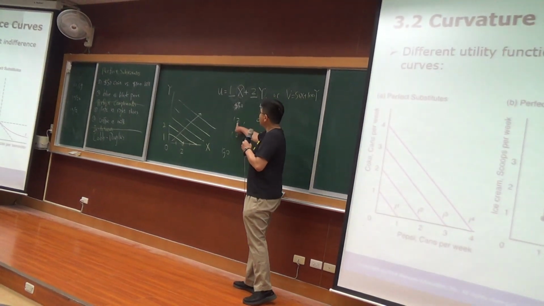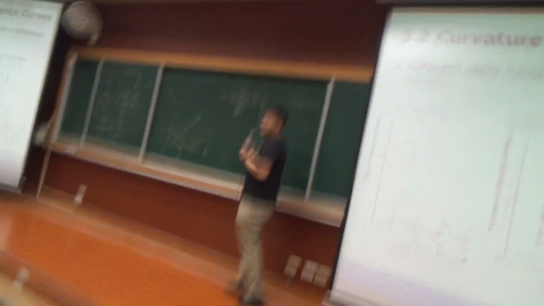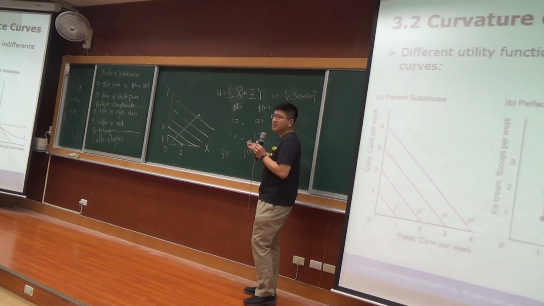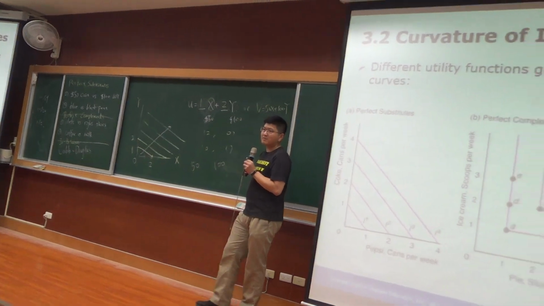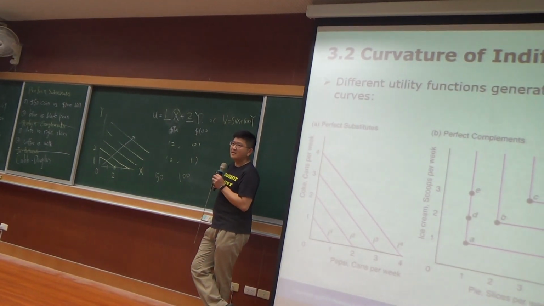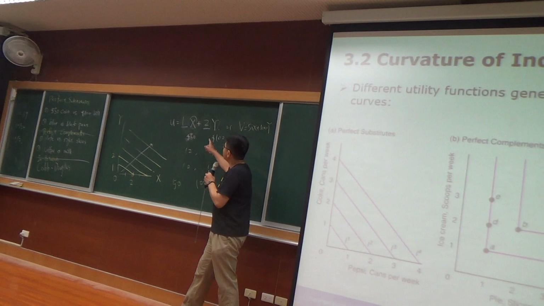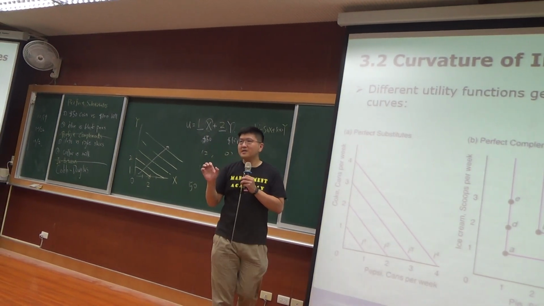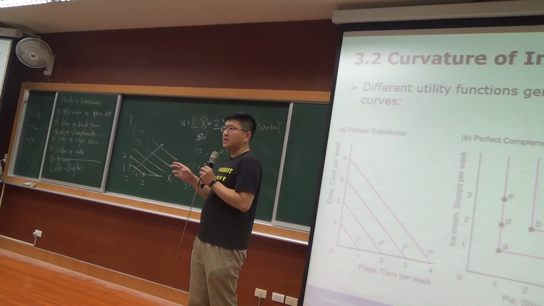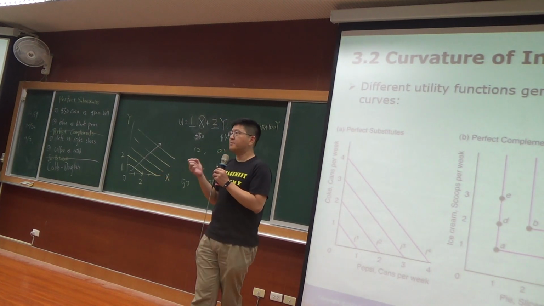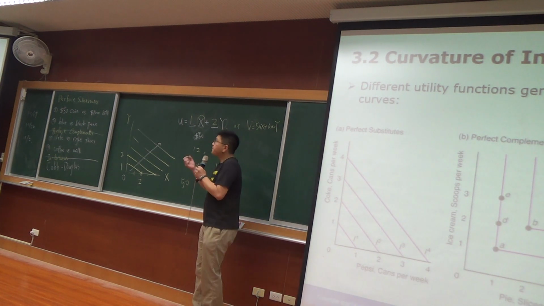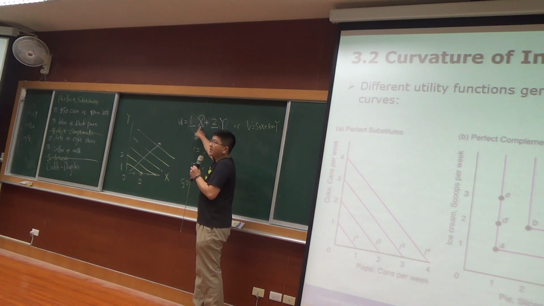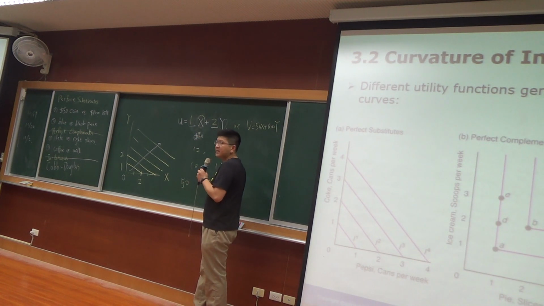Yeah, two $50 coins provide the same utility level as a $100 bill, right? So the coefficient means the value this kind of good can provide us. The value of x and y should be 50 and 100.